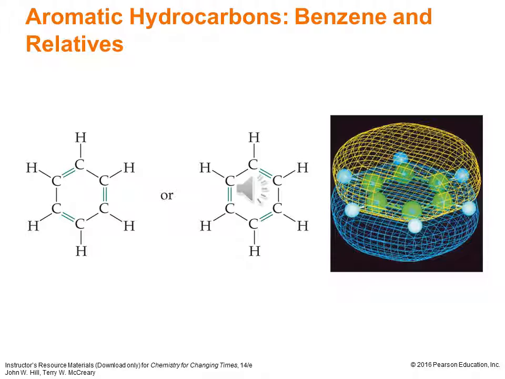What we see in that image to the far right is a little better idea of these individual orbitals coming together to make these orbitals above and below the plane of the molecule that allow the electrons to flow very, very freely through the molecule.